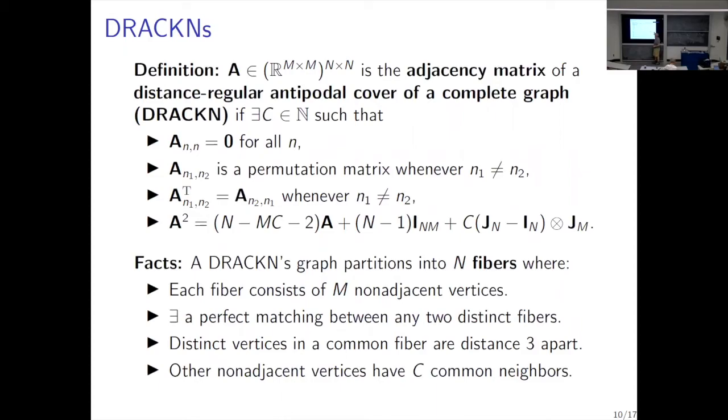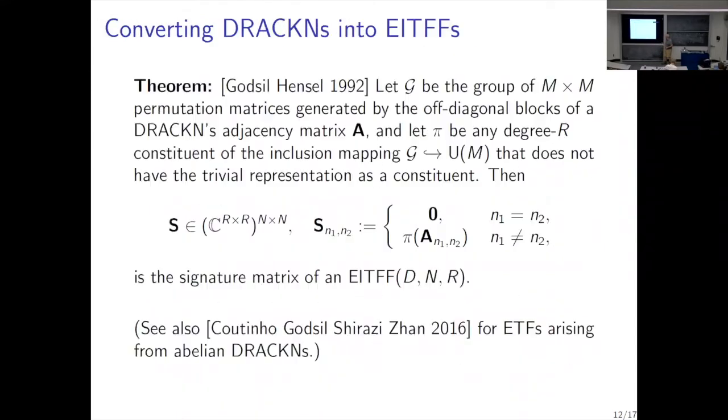And basically, by taking a sub-representation of that representation that doesn't have the trivial representation in it, that eliminates this particular term. And what you convert the matrix A into is an S matrix that simply has a quadratic relation that it satisfies. In other words, the signature matrix of an EITFF.